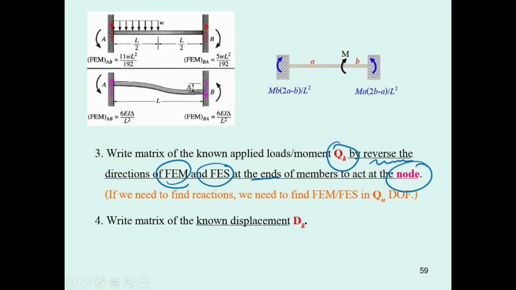And then you will have capital K, capital Q sub k. And part of them will be used to determine capital Q sub u, the reactions. And then D sub k is going to be straightforward. Nothing much different. For the small k matrix, again, read the degree of freedom and do the same as Ajahn mentioned.